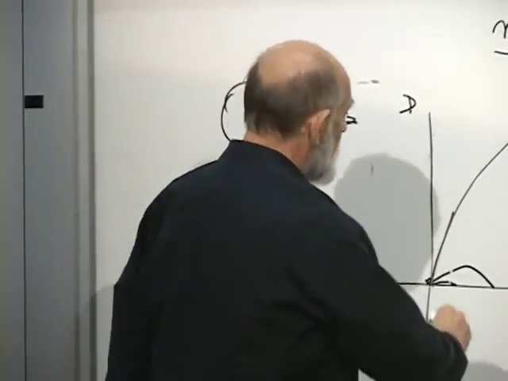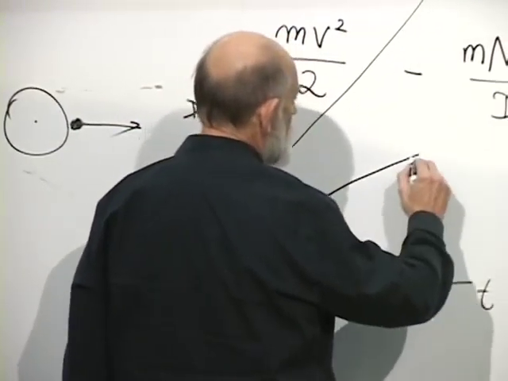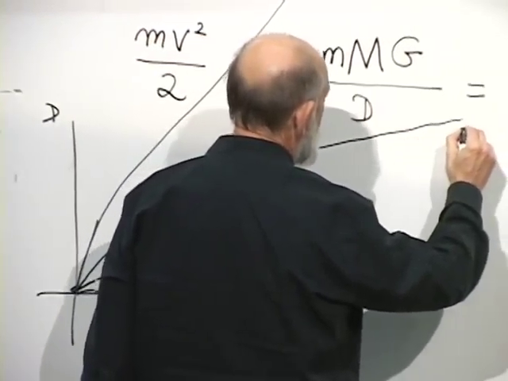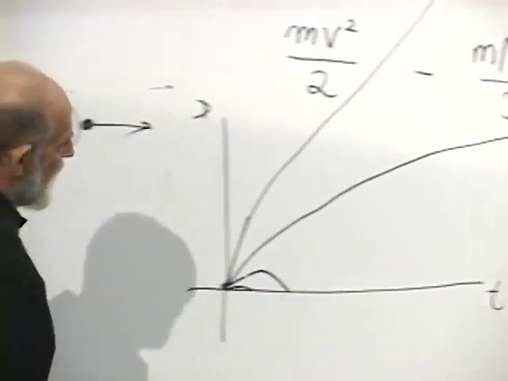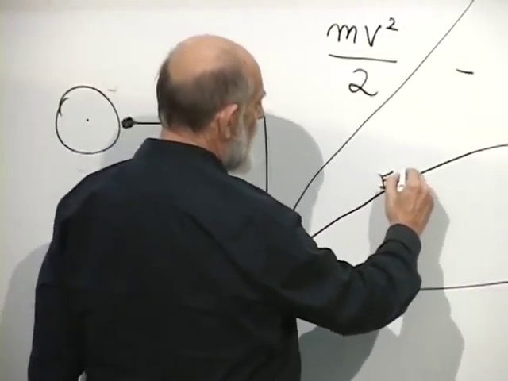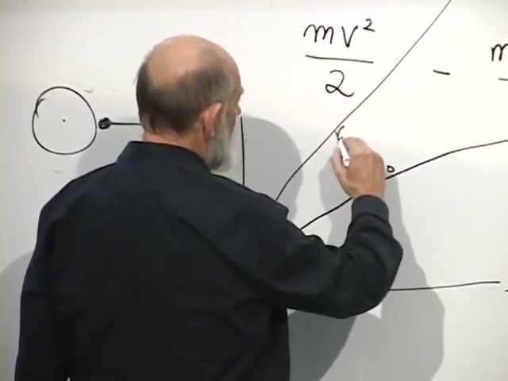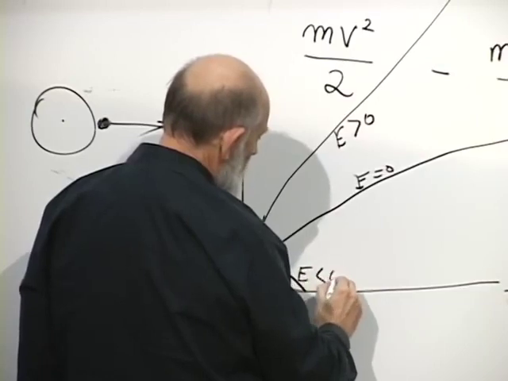That is the escape velocity. And your distance just keeps increasing and increasing, but at an ever decreasing rate. So that's the escape velocity. This is E equals 0. This is E greater than 0. And these are E less than 0.